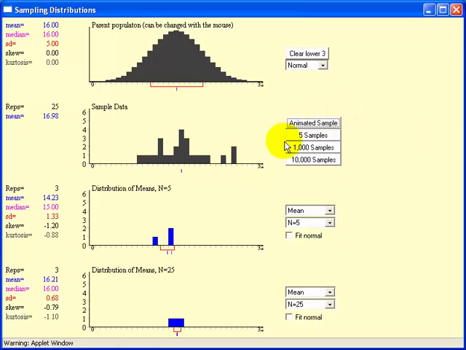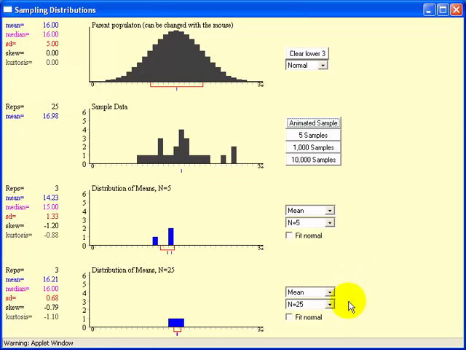Now, we would like to repeat this process many times. Repeated sampling, and then look at the distribution of all the sample means we would get from that repeated sampling. We can speed things up here. If I click on this 10,000 samples button, it'll take 10,000 random samples of size 5, calculate the sample mean, and plot the distribution of all these sample means.